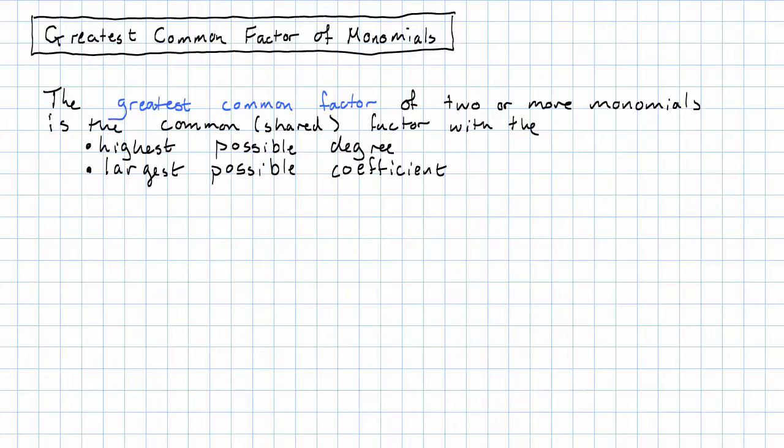So, for example, if we have the monomials 6x to the fourth, 3x squared y, and 9x squared y cubed, their greatest common factor, abbreviated GCF, is 3x squared. How do we know that?